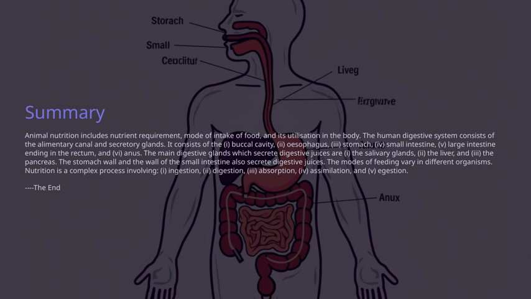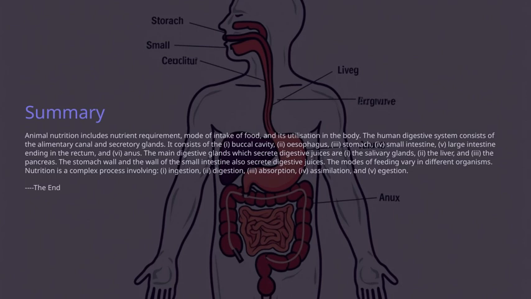The main digestive glands that secrete enzymes and juices aiding digestion are the salivary glands, the liver, and the pancreas. Interestingly, the walls of the stomach and small intestine also produce digestive juices to help break down food further. It's important to note that feeding modes vary widely among different organisms, reflecting their diverse adaptations.